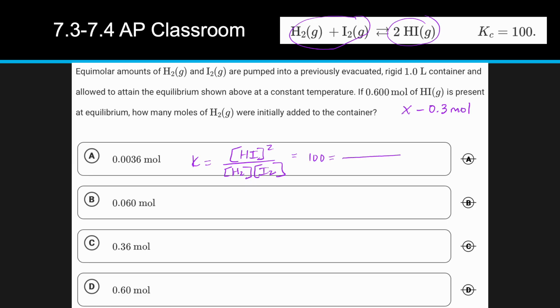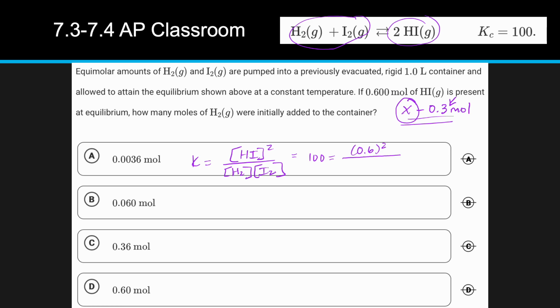We have the concentration of HI, which is 0.6, and that's squared. And then we also have this value here that we came up with, which represents the amount we started with minus the amount we know was consumed.